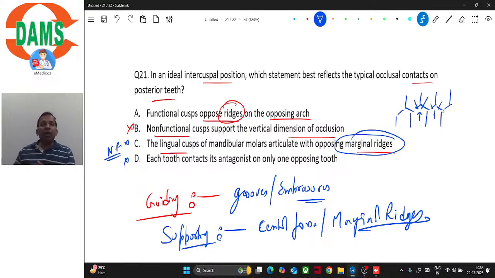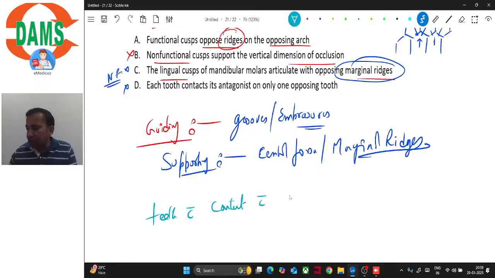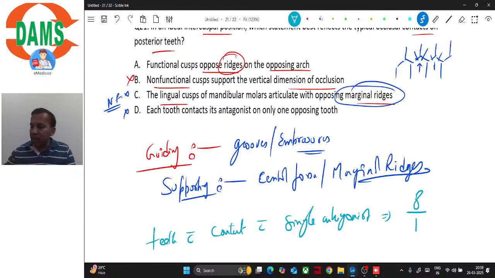Again, there is contact with 2 opposing teeth. The only exception, the only teeth with contact with a single antagonist, they are lower 1 and upper 8, right? They are lower 1 and upper 8. These are the only teeth which have single antagonist, isn't it?